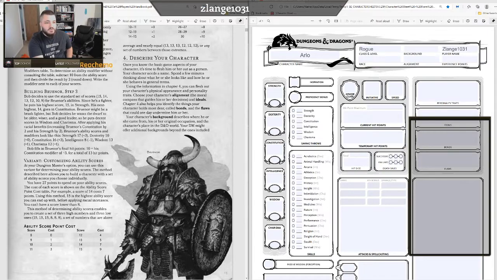But the average outcome for roll 2d6 and add 6 is 13. So technically it's a better outcome for you as a player. But I think for today, we will just go with the standard array.